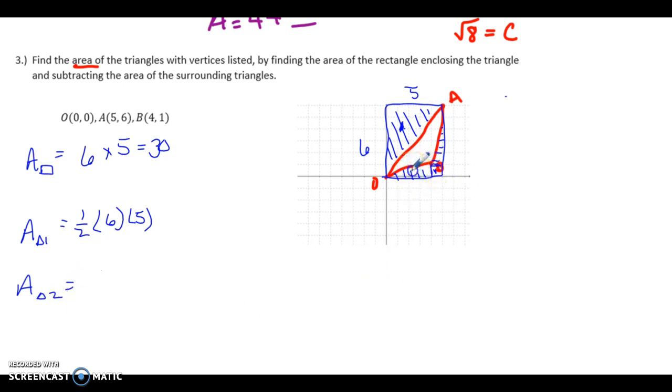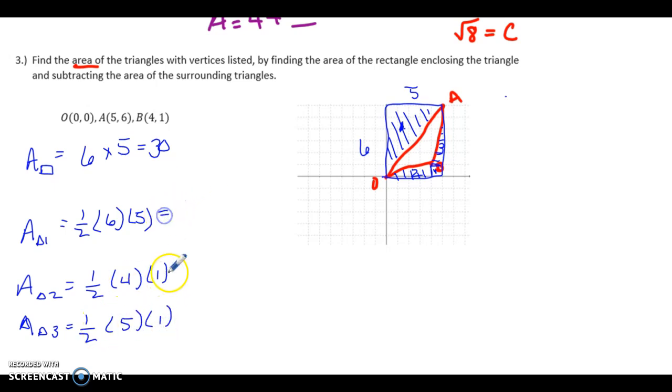That has dimensions 1, 2, 3, 4 by 1. So 1/2 of 4 by 1. Let's do area of triangle 3. 1, 2, 3, 4, 5 by 1. So 1/2 of 5 by 1.